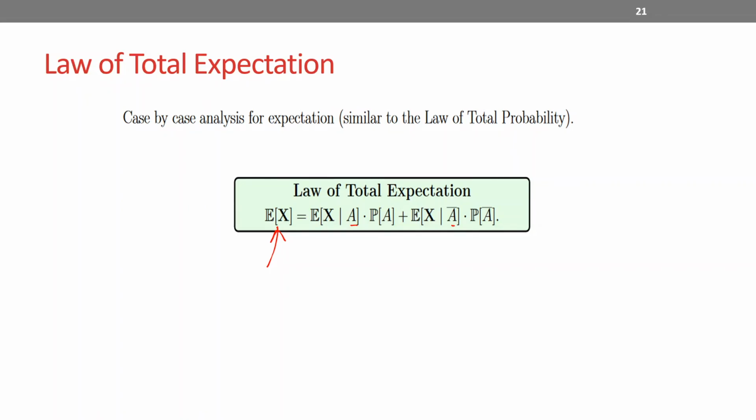It is actually the sum of the expectation of X conditioned on A times the total probability of A, plus the expectation of X conditioned on the events that are not in A, times the total probability of the events that are not in A. Okay, so this looks familiar to our probability equation itself. Let's look at its application in the next video.